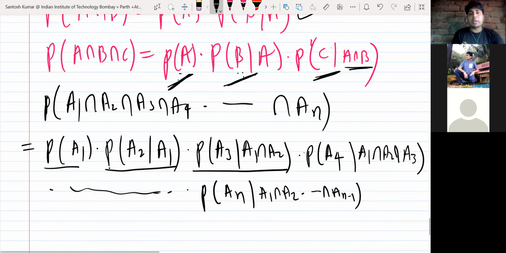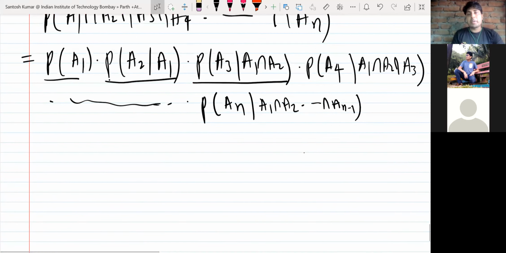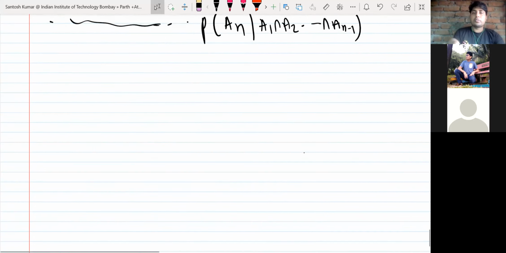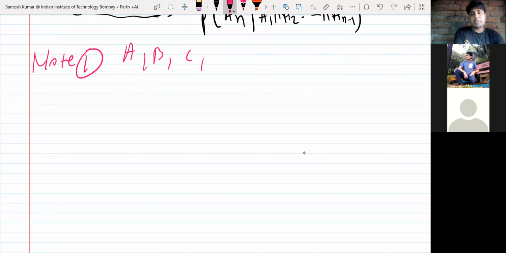Again for 4 events, suppose A, B, C, D, you will write pairwise, as well as for 3, then for 4. So all things you have to write. So you will call A, B, C, D, 4 events, independent.